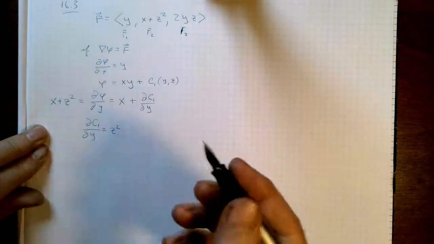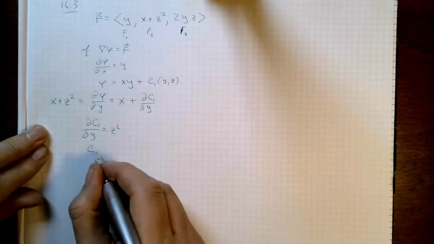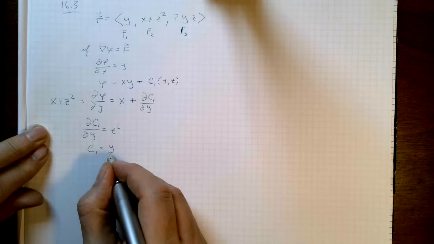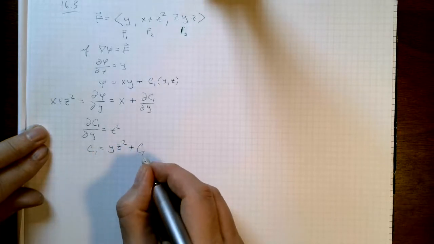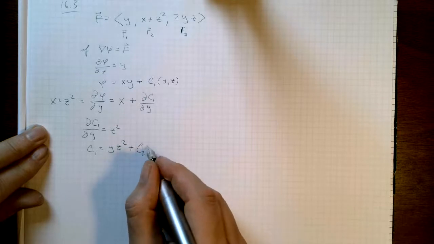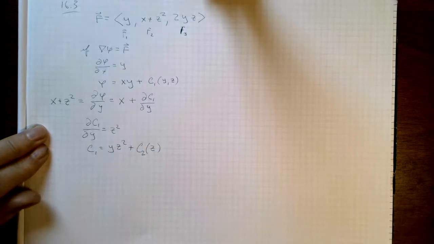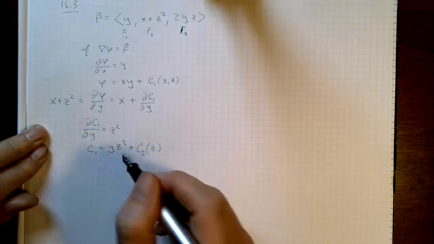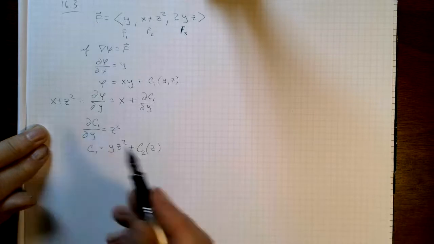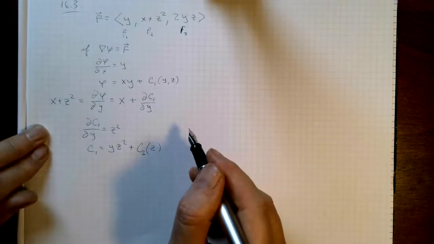So anti-differentiate in y: c1 is yz squared plus some c2. Now c2 is a function of z, because I anti-differentiated in y. It's not a function of x anymore, because c1 was only a function of y and z, so I'm only left with y and z.